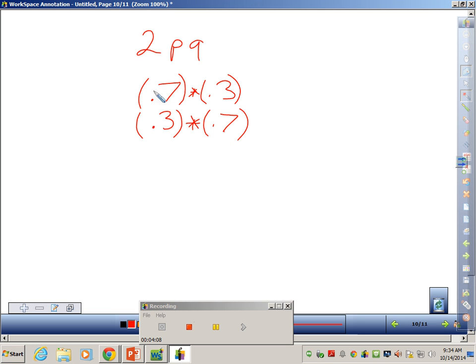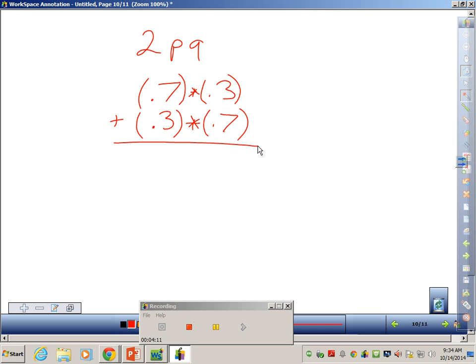You can multiply them and then add them like I'm about to, or you can just multiply P times Q and then multiply that by 2. Don't forget your order of operations. After you multiply this out, that's 0.21. What's 0.21 plus 0.21? That's 0.42. Oh, I almost did that wrong, didn't I?